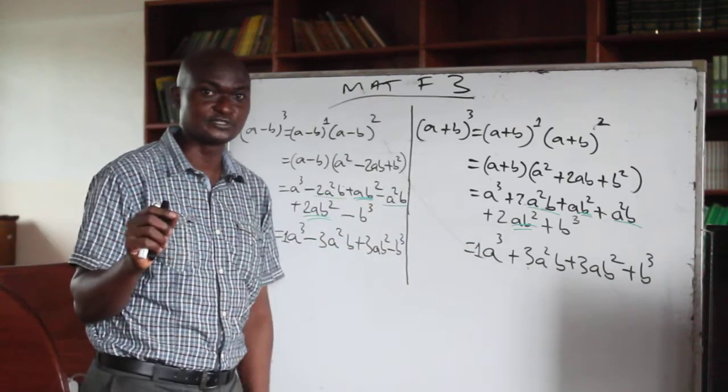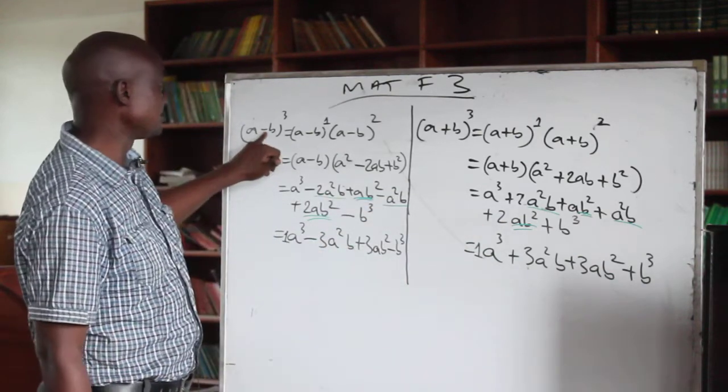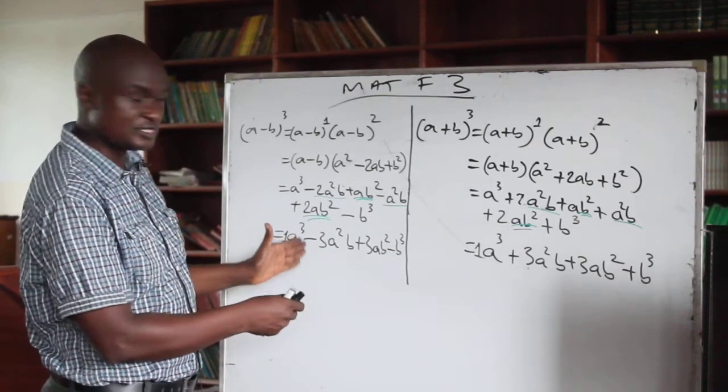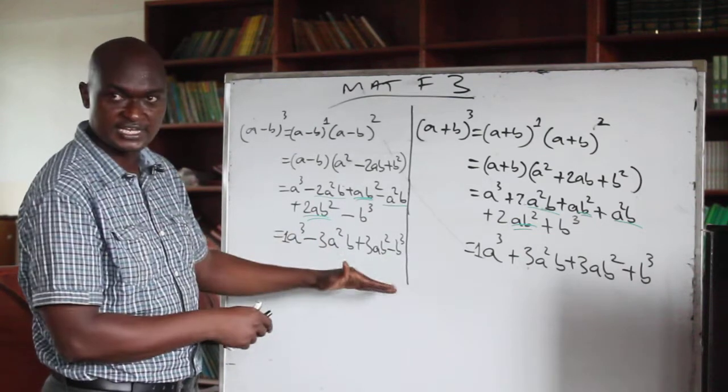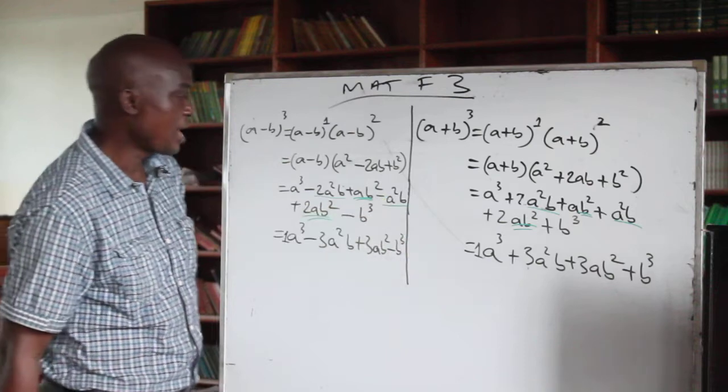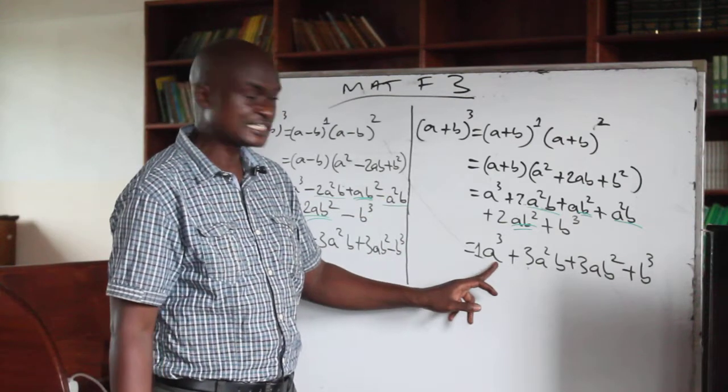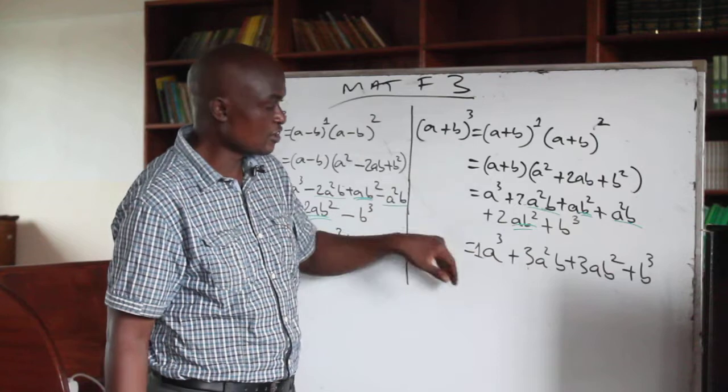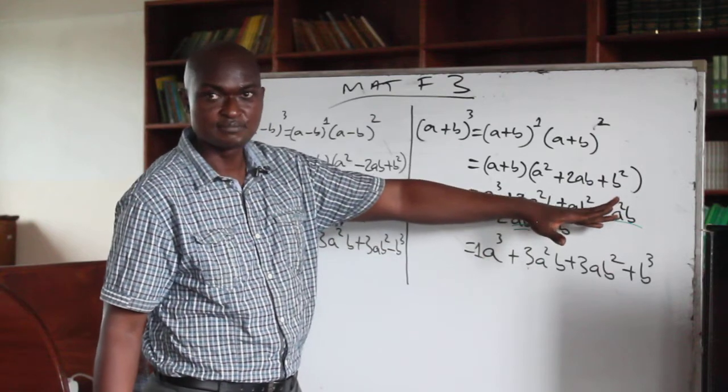That's one important thing to note. If the sign in between is negative, then your answer will alternate between positive, negative, up to the end. While if your sign is positive, all of them will be positive.